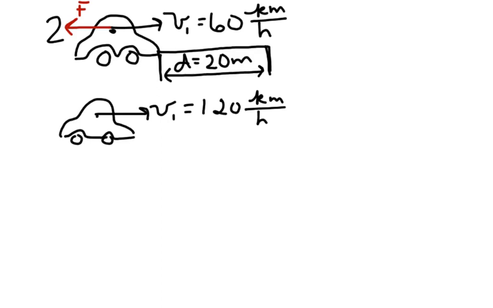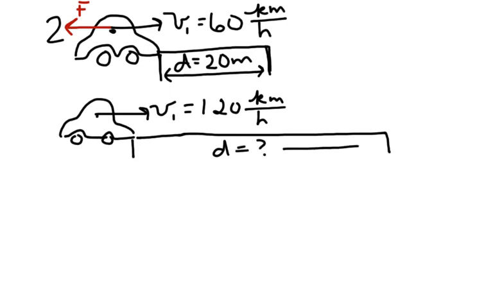Okay, so what if this car now doubles its initial velocity to 120 kilometers per hour, and so what is going to be the new displacement for this car to come to a stop?